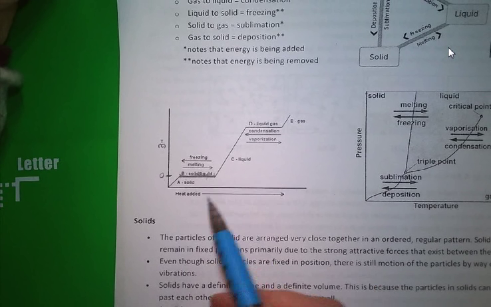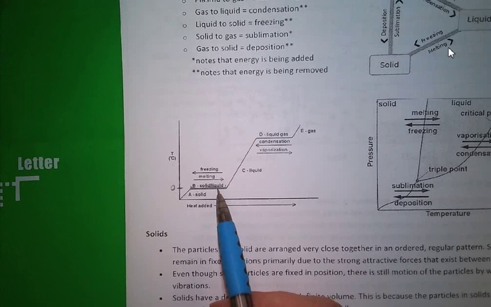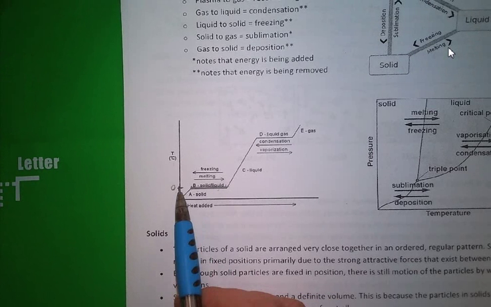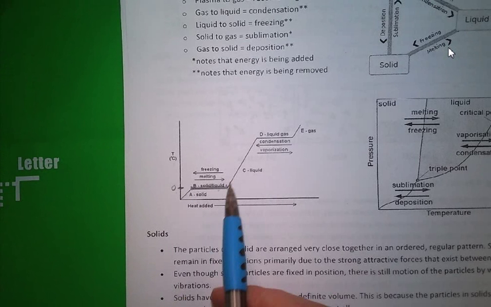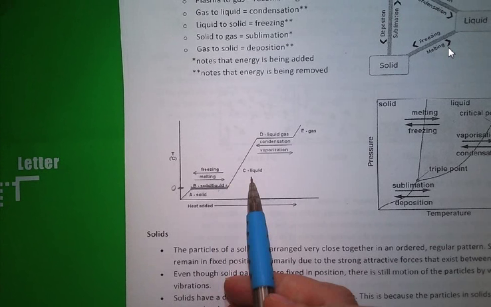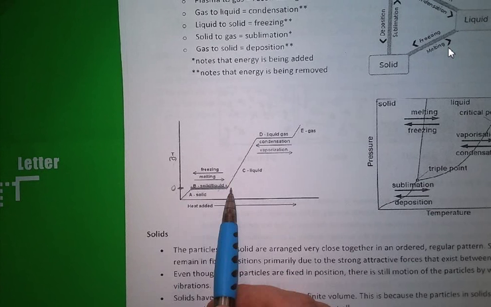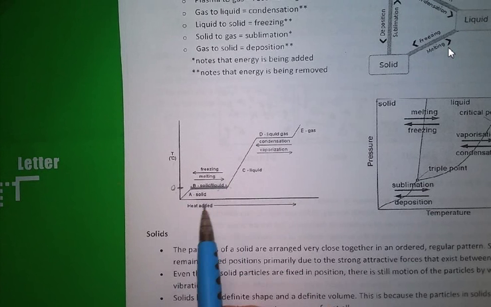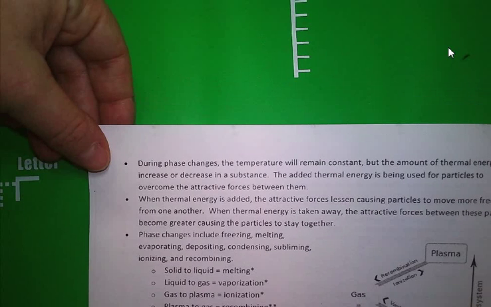So when I'm looking here, that's why at this phase change, the temperature stays the same. So once it's beyond that temperature, higher or lower, that's when it's in the whole other change. But until that time, your temperature is going to be the same because your thermal energy is going to be used to be overcoming those attractive forces between the particles there.